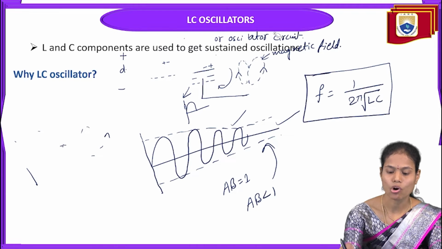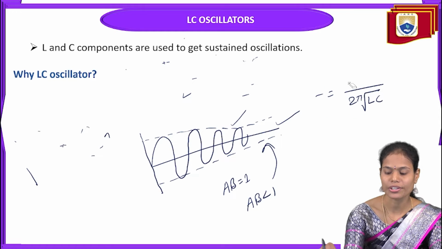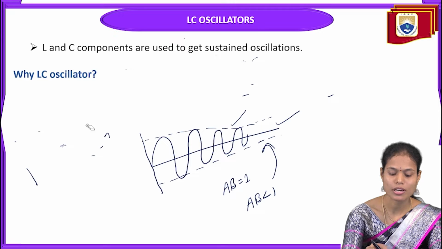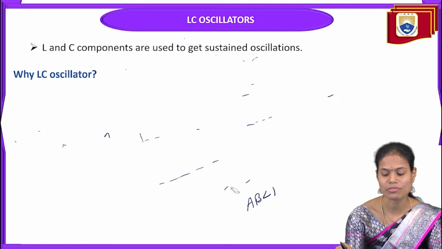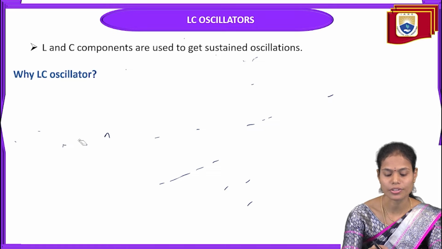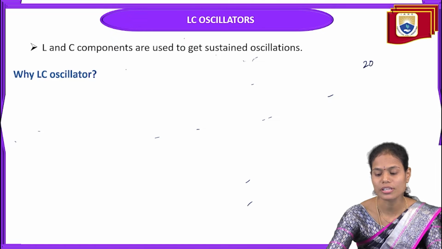I have already mentioned, in the case of an LC oscillator circuit, when we combine the L and C components, they are used to get the sustained oscillation, so we call it the LC oscillator. Why are we moving to LC oscillators, even though we have the RC phase shift oscillator as well as the Wien bridge oscillator? RC phase shift oscillators can generate signals only in the 20 Hz to 20 kHz range.